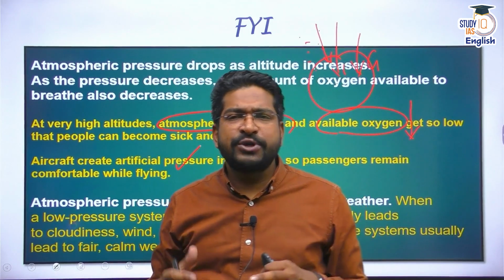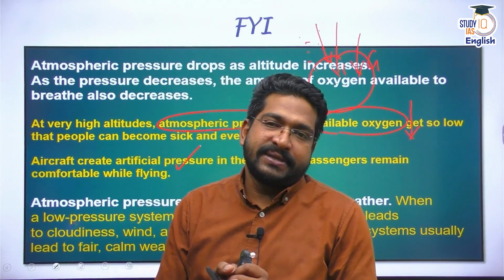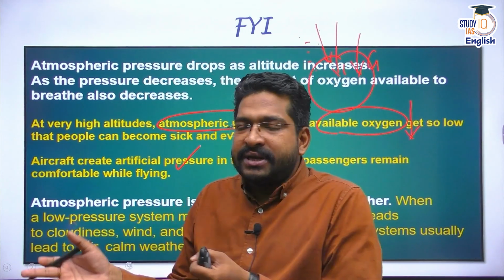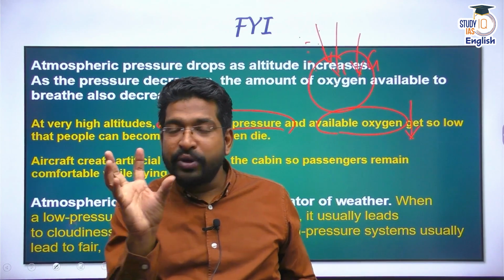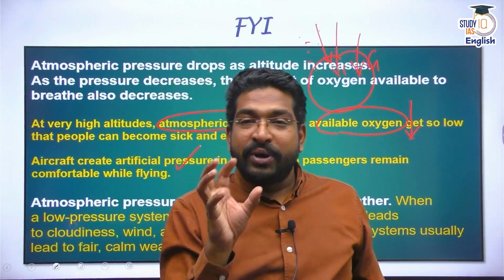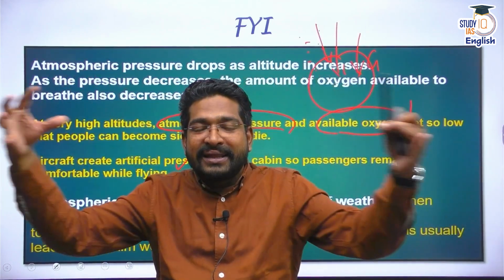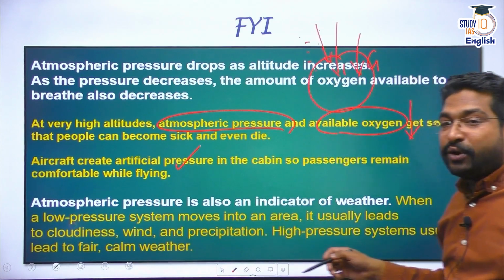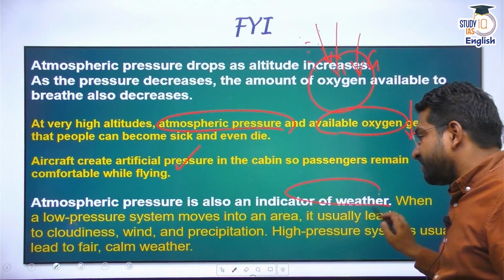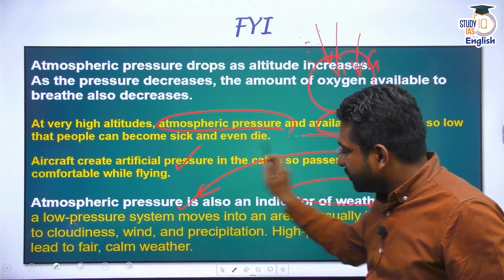Along with it, atmospheric pressure also defines your weather characteristics. Recently, a cyclone had come, right? Now, you must have seen in the cyclone, there is a low pressure area. So, if the atmospheric pressure is low, the air is going to enter that low pressure area. So, atmospheric pressure is a very good indicator of weather. Wherever there is a low pressure system, air is going to move inside.